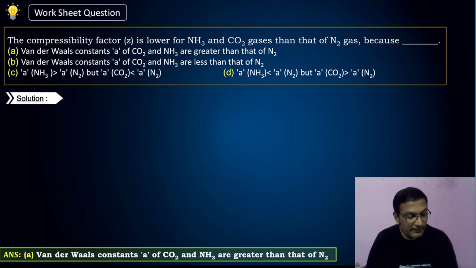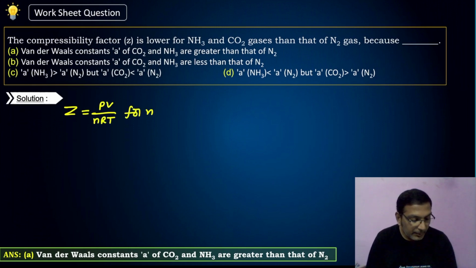So this is also very important. Compressibility factor Z is lower for NH3 and CO2 gases than N2 gas because of. So compressibility factor equal to PV by nRT for n moles of gas, which is equal to PV by RT for 1 mole.